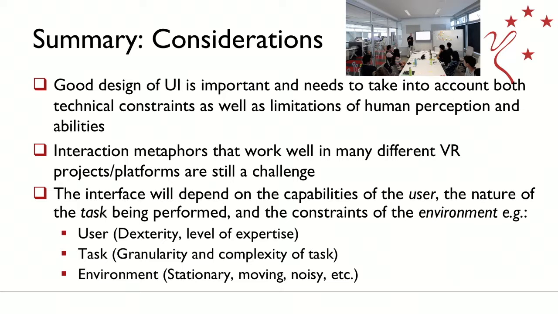So if I need to pick something up and move it, that requires some amount of precision that I can do in the real world, but maybe the technology doesn't allow me to do that in the virtual world. The tracking isn't that good. So my hand is going to be moving like this because the tracking is really bad. So I can't really make a task that requires this amount of precision if the technology doesn't support it. So maybe there are some things that I just don't want to do. You don't want to do this in VR.